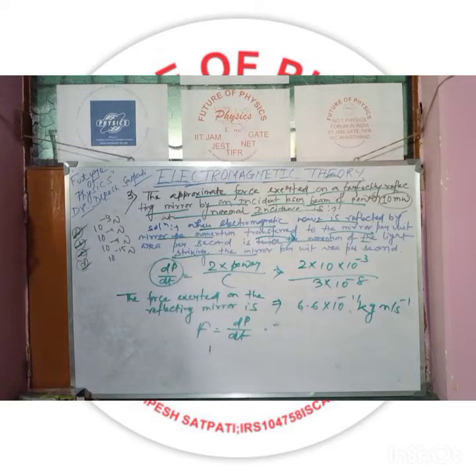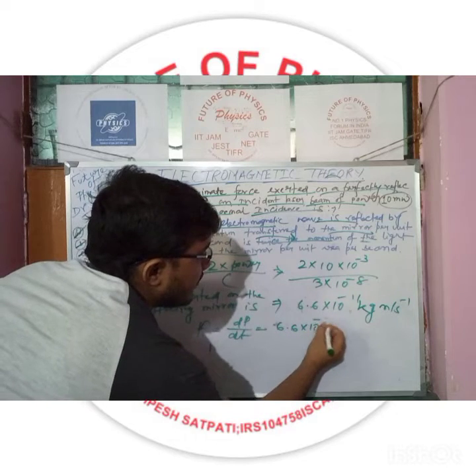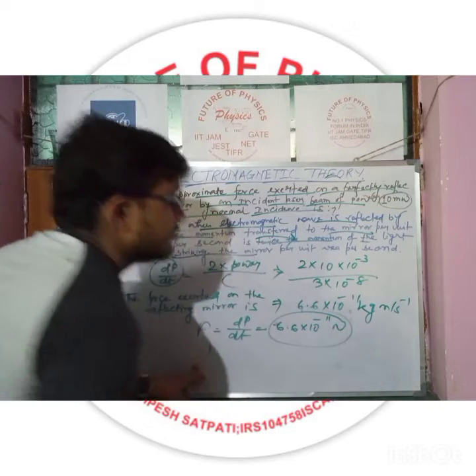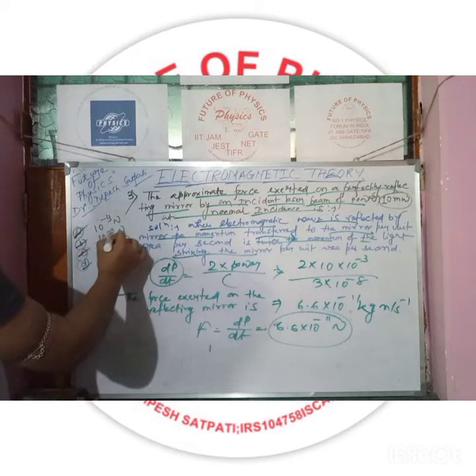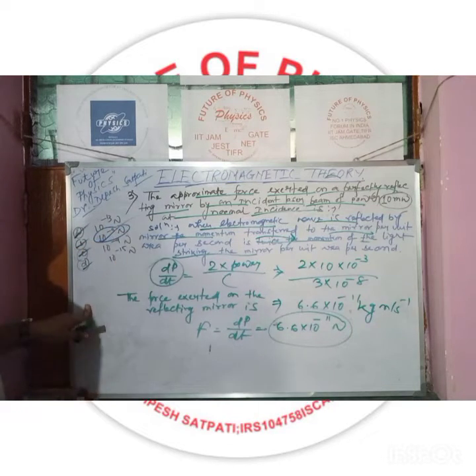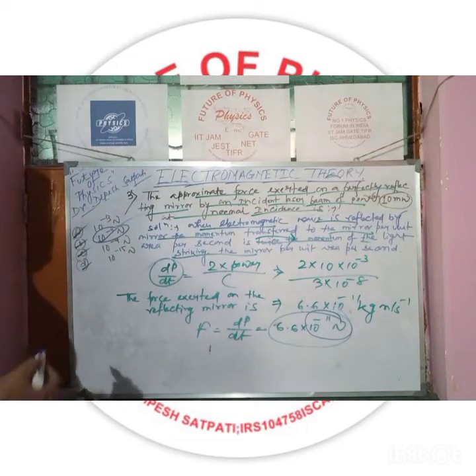Now dp by dt is equal to 6.6 into 10 to the power minus 11 Newton. The best suitable answer is option B, 10 to the power minus 11 Newton.